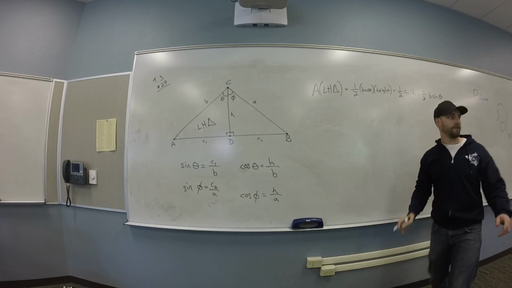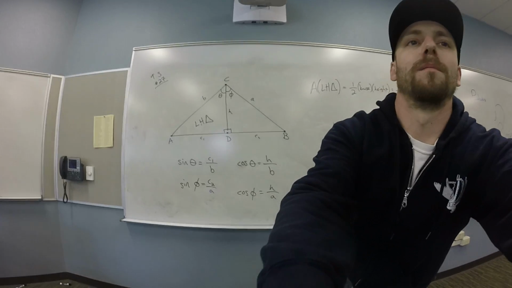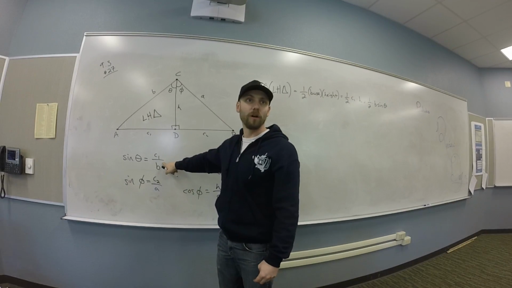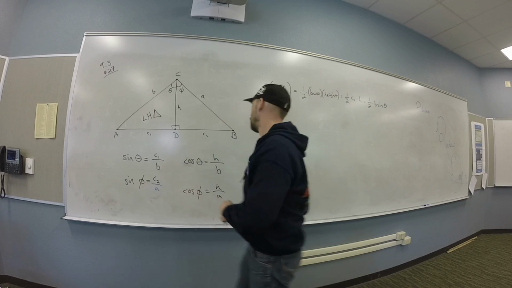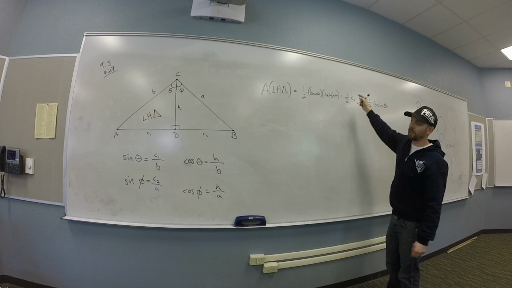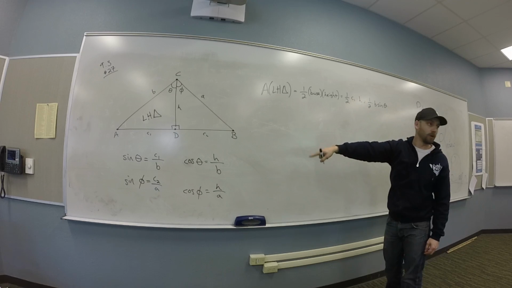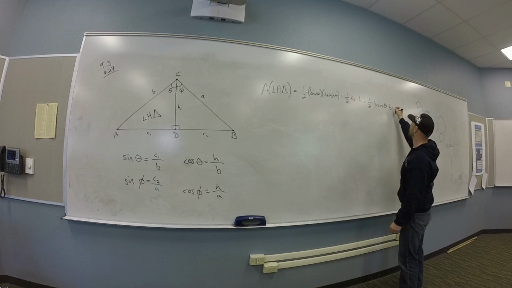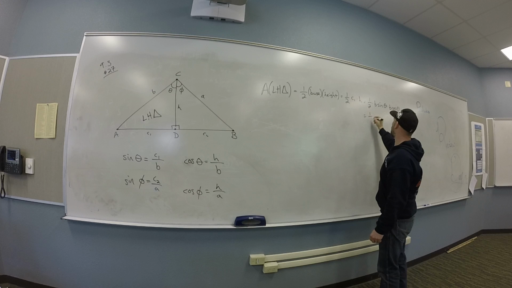You guys all with that? That's really just me rearranging this equation to solve for C1. Wait, where'd the H go? I haven't got it yet. And then H is the top of the cosine of theta, right? So I could do B cosine of theta.